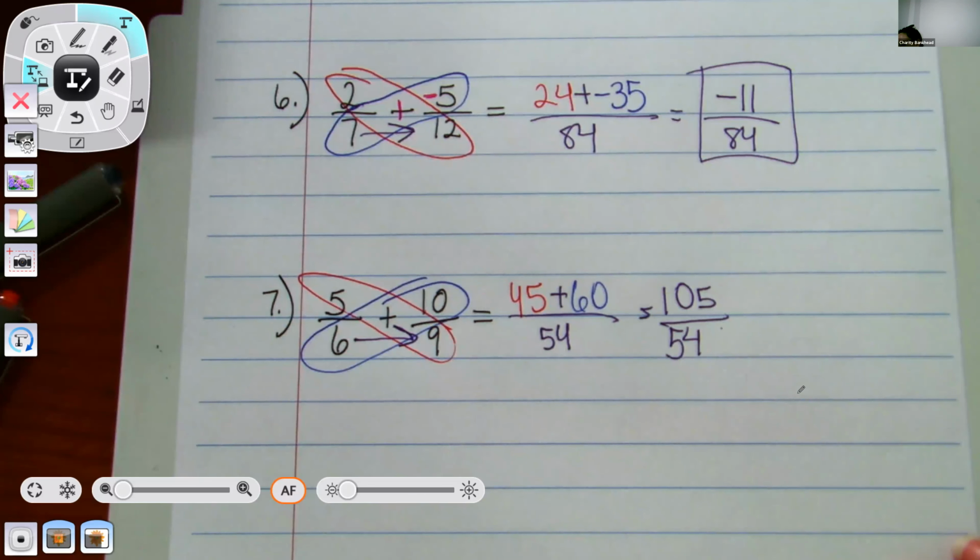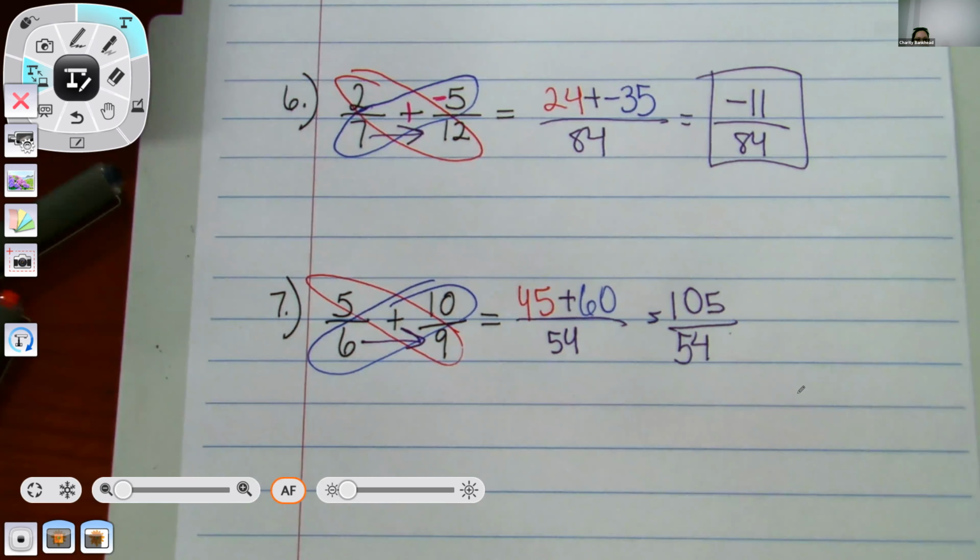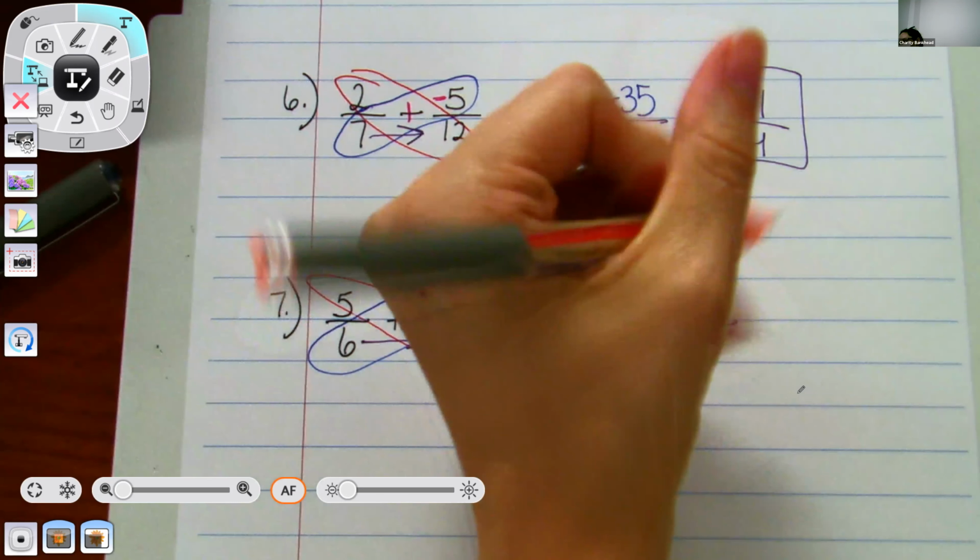Okay, now, like I said, even if you're going to have to reduce this, what do you think goes into both of those numbers? 3. Which just so happens to be the common factor between those denominators, huh? Yep.